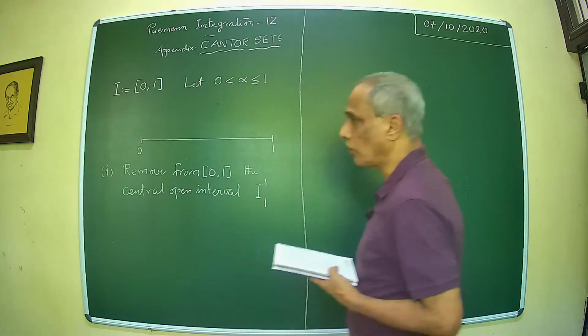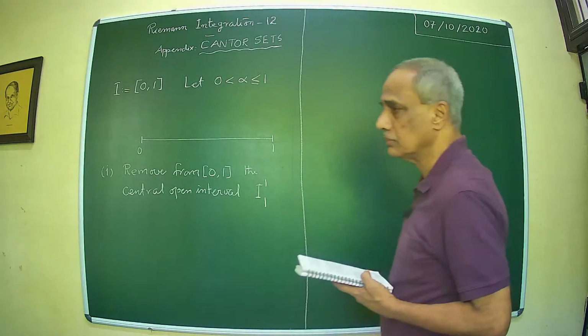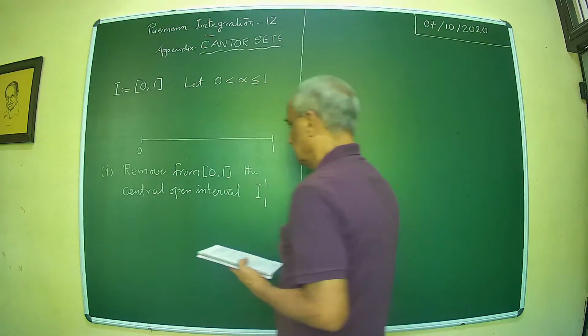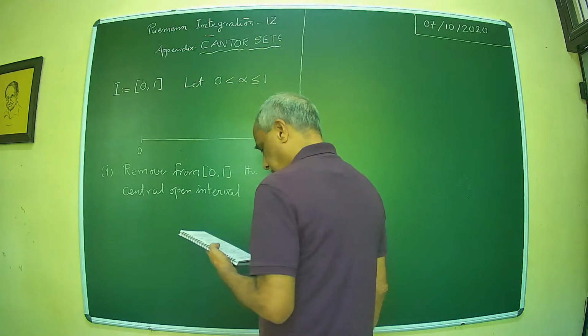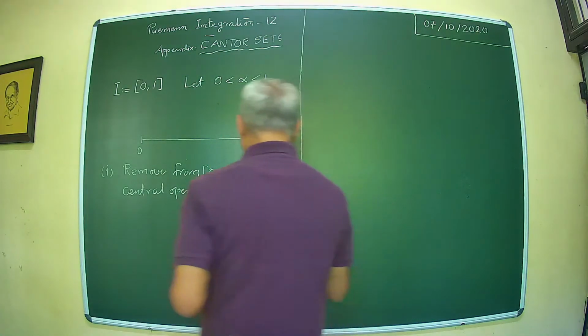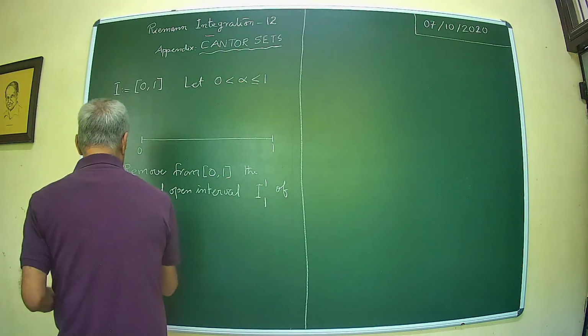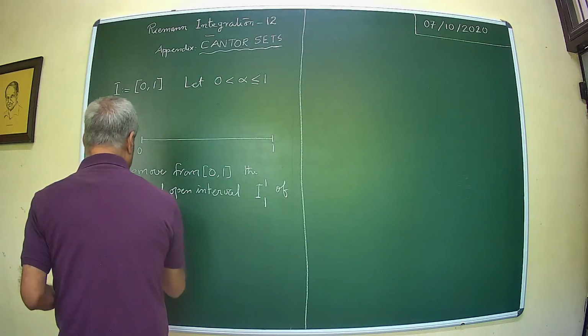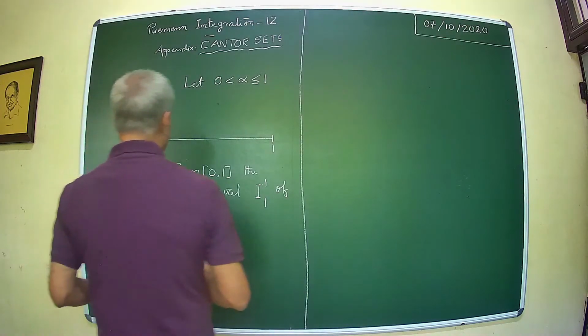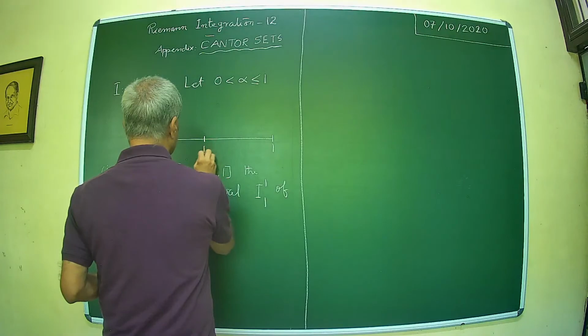Now we need the proper notation for it. Of length alpha by 3. So what we are doing is, this is half.